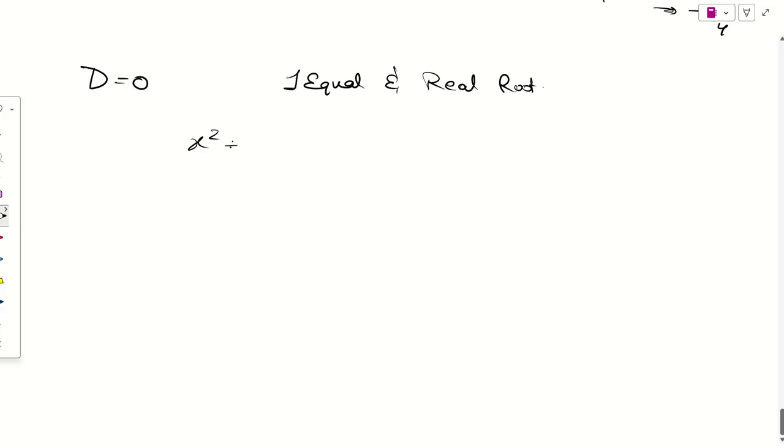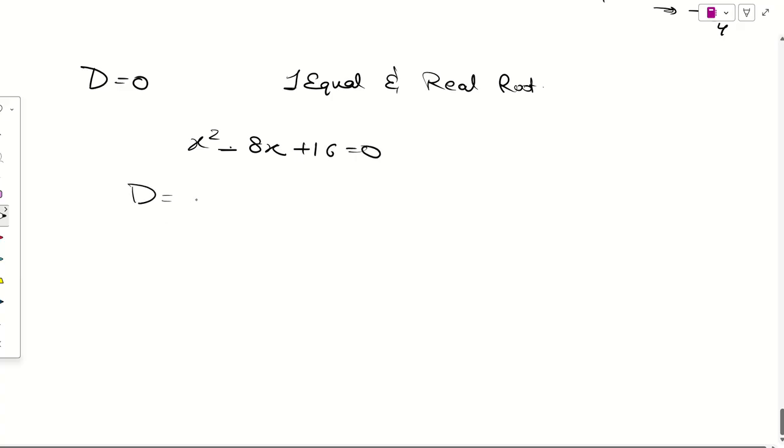So let's take an example. First we have to find D here, b square minus 4ac. b is minus 8, a is 1 and c is 16. Here you have D equal to 0.